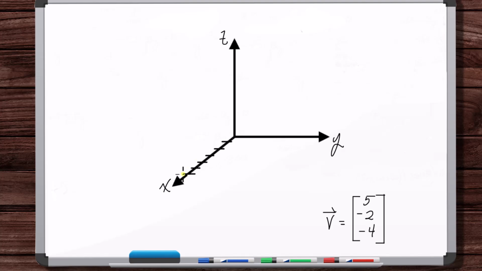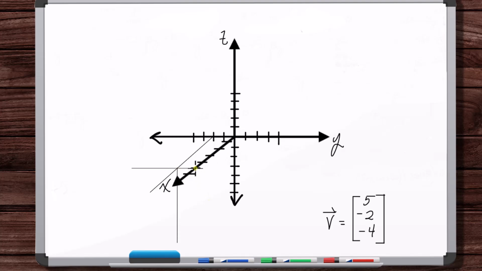So 1, 2, 3, 4, 5, then minus 2, then minus 4.